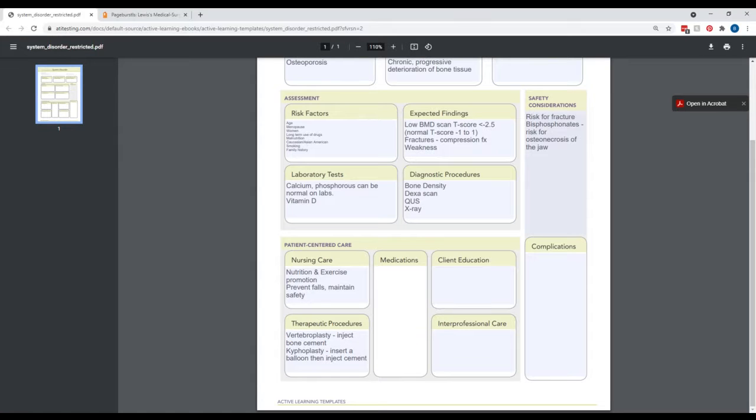Okay, so medications. What kind of medications do you think these patients get? It's 9 o'clock. It's time to give them their medications. What are they going to get? Supplements. Yep. So probably some calcium, vitamin D. What other medications are prescribed for osteoporosis?